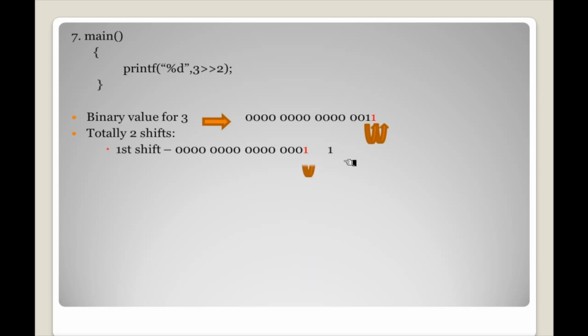And during the second shift, the bit from the first position will be moved out again, just ignoring it as in the previous step. Therefore, after the second shift, the binary value at position 1 will also be ignored, therefore resulting in the answer 0.